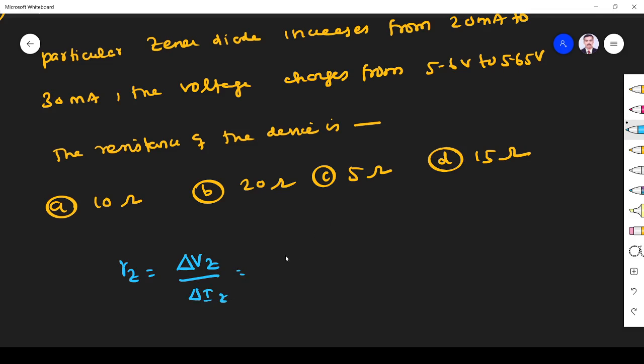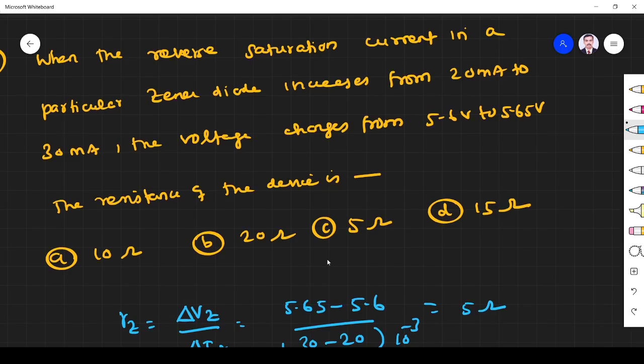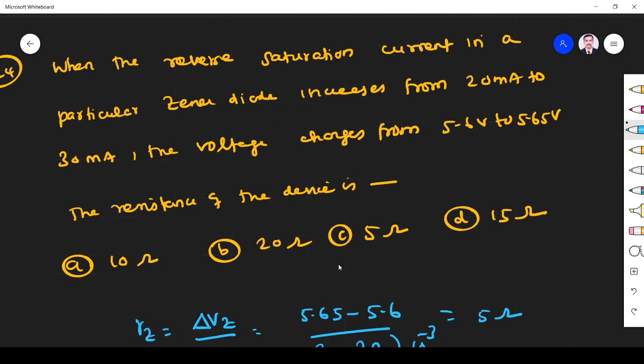Voltage changes from 5.6 to 5.65. Current changes from 20 milliampere to 30, so 30 minus 20 milliampere, 10 power minus 3. This indicates it is 5 ohm. So the answer is 5 ohm, option C.